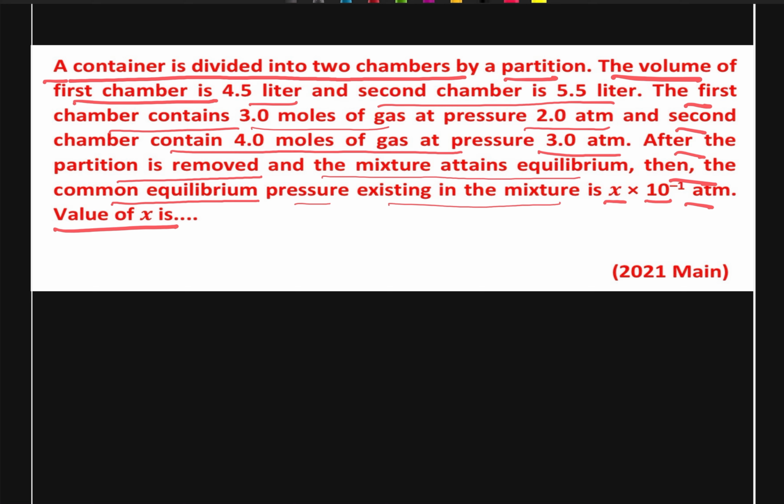And in this case we have to remember one thing: it states that the equilibrium has been attained, so we can assume that the temperature has been equalized. It means if the temperature of the first chamber is T and the second chamber is also T, then the equilibrium temperature will also be equal to T.